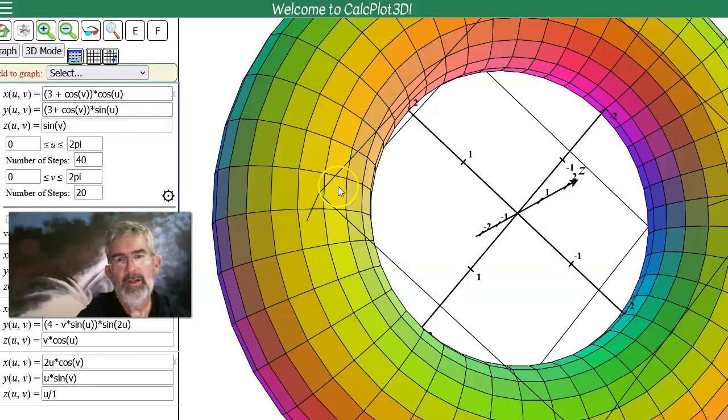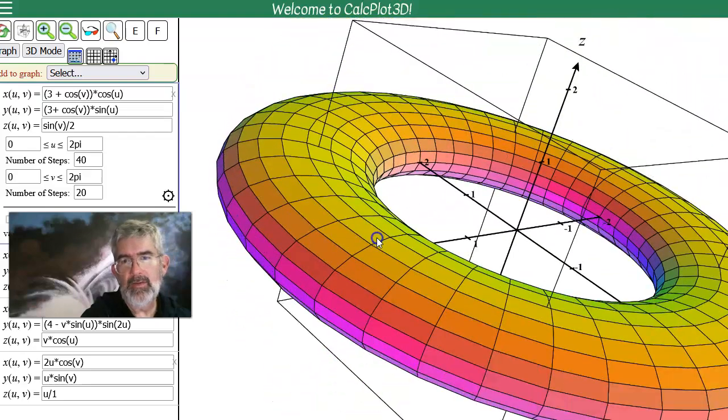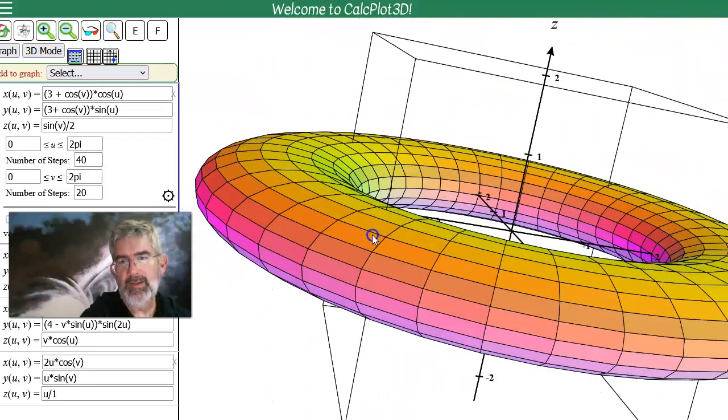Or if I wanted a skinnier tire, where the radius in the other direction is smaller, then instead of sine v, I might say sine v divided by 2. If that's all I do, it only makes it skinnier in the z direction, but not in the x and y direction. So let's divide that by 2 and divide that by 2.